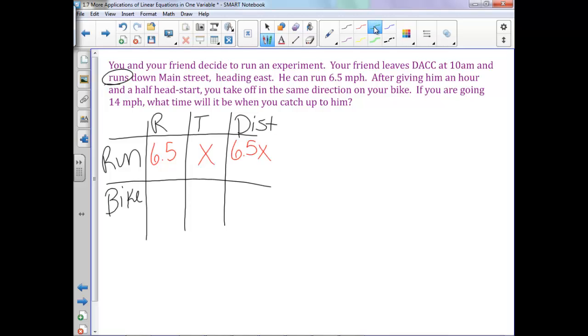Now our biker, he can bike at 14 miles an hour. Now he's not biking for the same amount of time you are. He leaves an hour and a half later, so he's going 1.5 less hours.